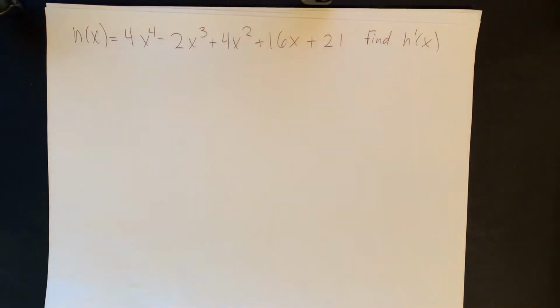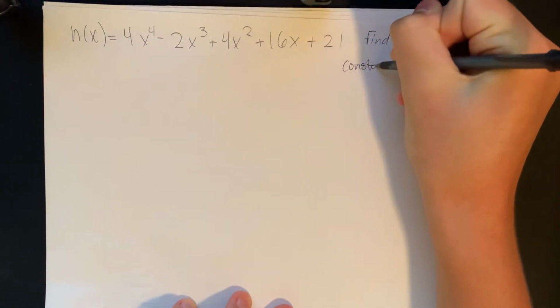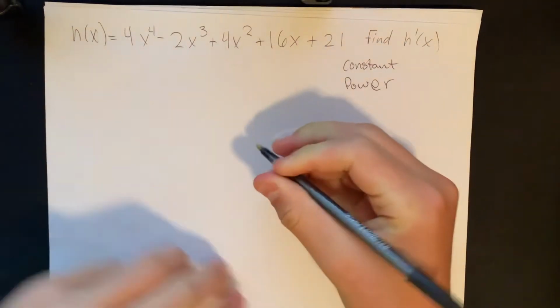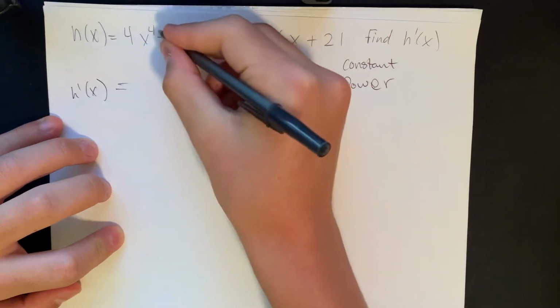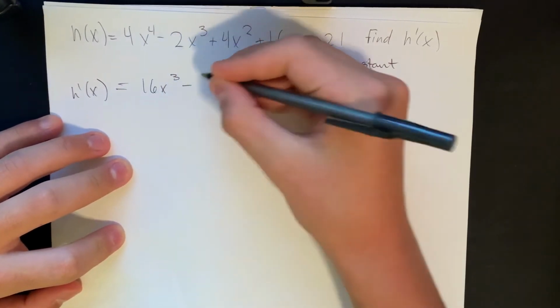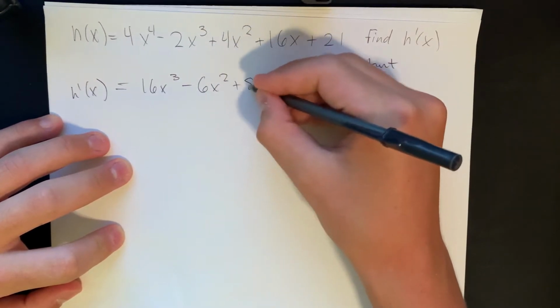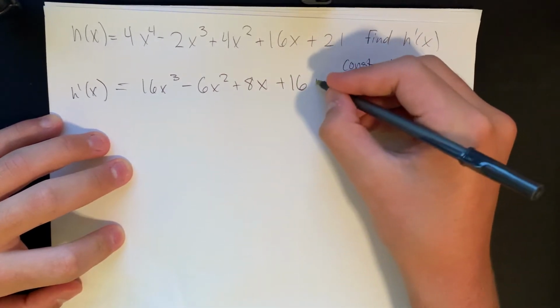So my first problem is this problem, and we will be using the constant rule and the power rule to find this equation. So h prime of x will equal, power rule, 16x cubed minus, power rule, 6x squared plus 8x plus 16, and then since this is a constant, it's plus 0.